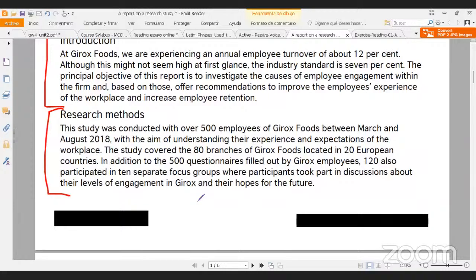In addition to the 500 questionnaires filled out by Xerox employees, 120 also participated in 10 separate focus groups where participants took part in discussions about their levels of engagement at Xerox and their hopes for the future. Okay, good.